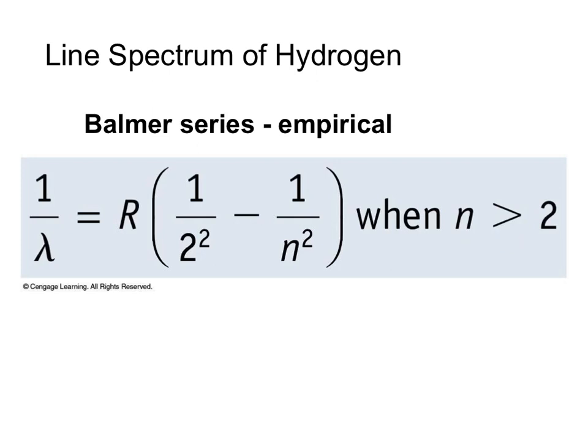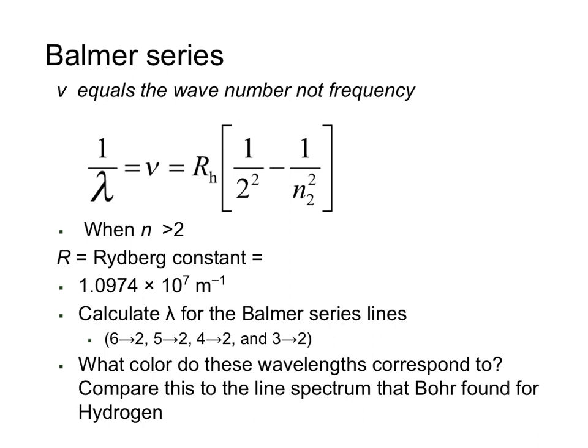N would be any sort of excited state. And so what the Balmer equation allows us to do, again, is to calculate the actual wavelength of these various transitions.